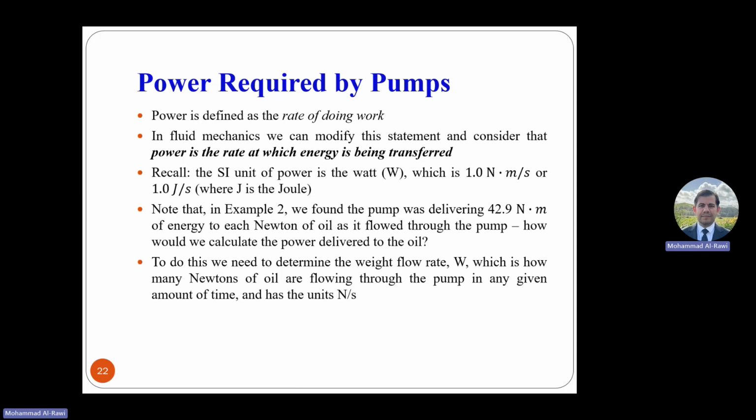We found the pump was delivering 42.9 newton meters per newton of energy to the oil as it flowed through the pump. How would we calculate the power delivered to the oil? To do this, we need to determine the weight flow rate, W, which is how many newtons of oil are flowing through the pump in any given amount of time, with units of newtons per second.